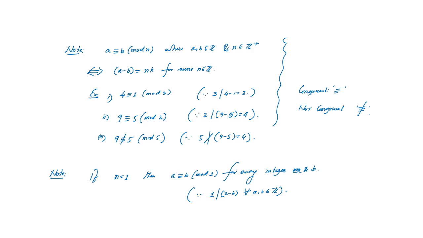Now we'll come to some important properties. Property 1: every integer a is congruent to a itself mod m.